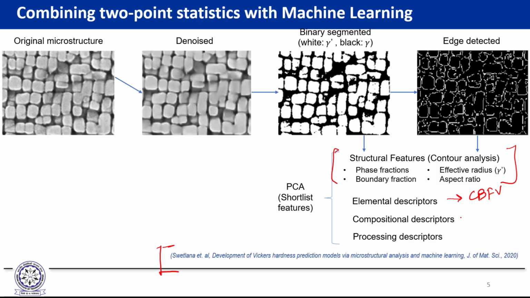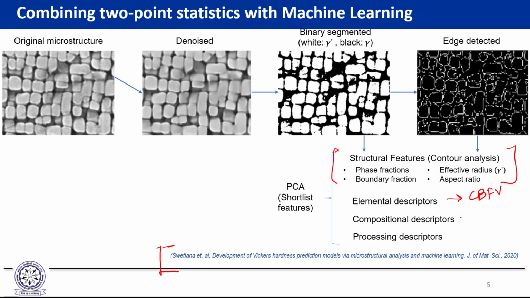So what you have done now is you have created a set of features which is immense, because you have got structural features, and imagine all of these different types of structural features are associated with every single pixel in the image.